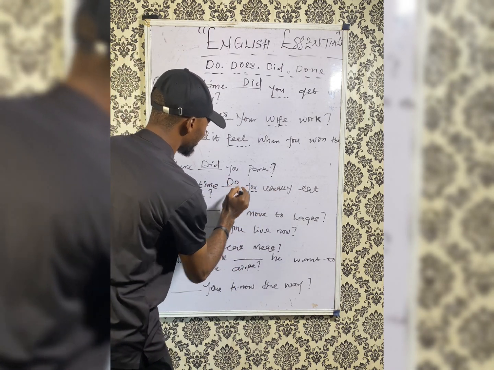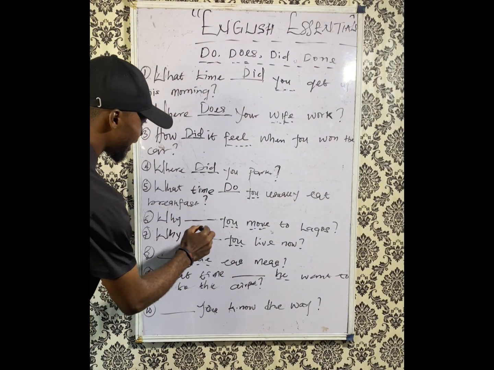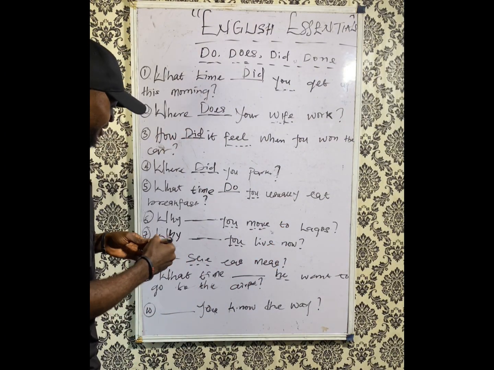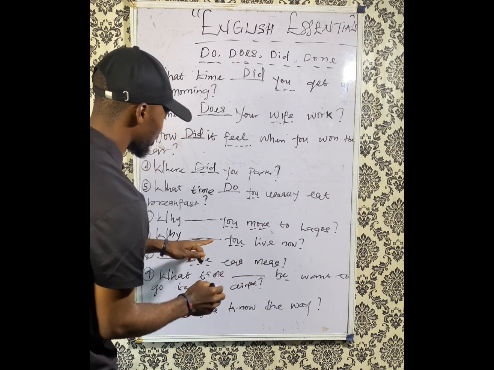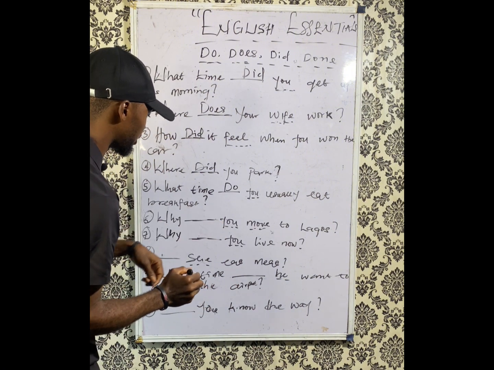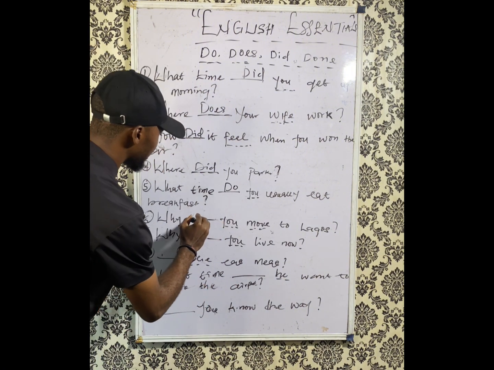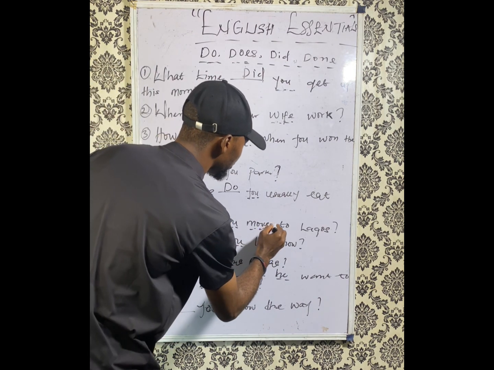Okay, our number six says, why does you move to Lagos? He's talking about one person, but treated as plural in English. So it should be, why did you move to Lagos? Not moved to Lagos.